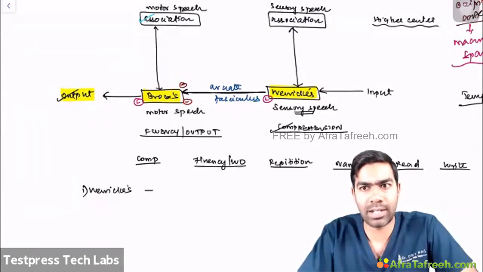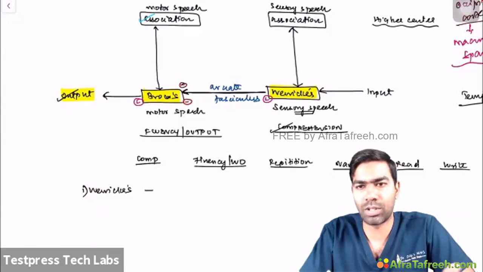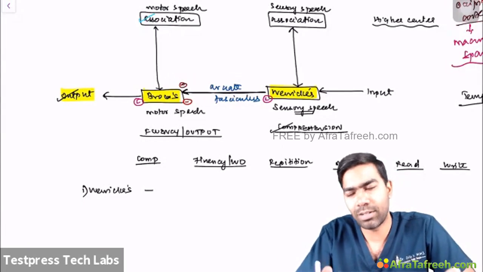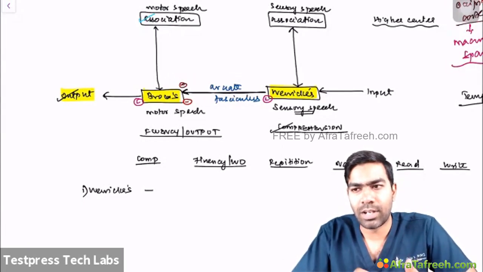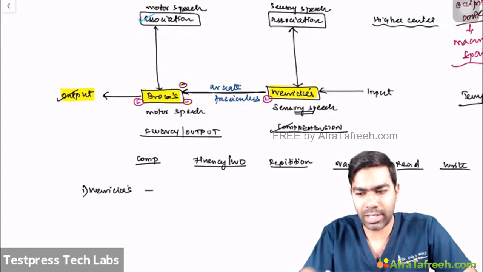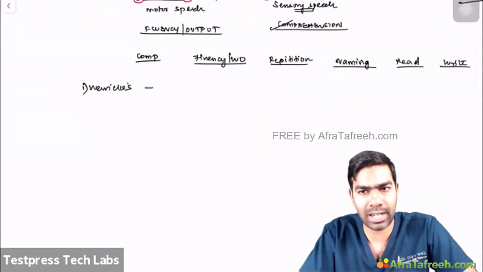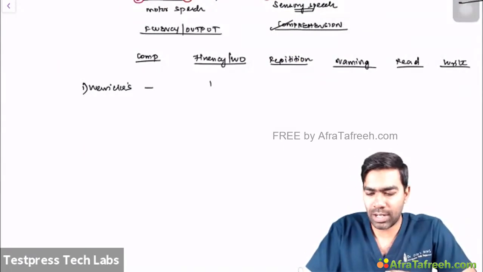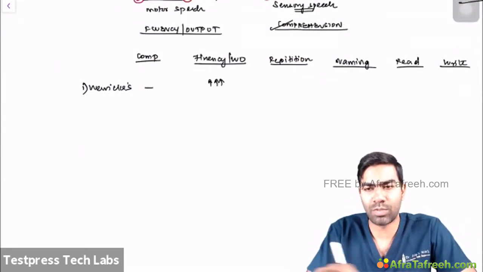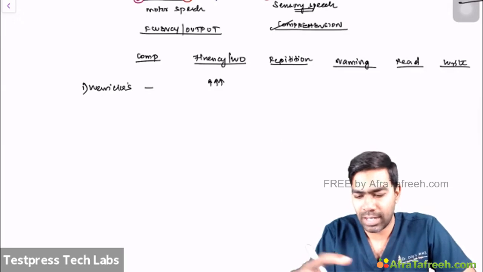You don't speak unless it is really needed, isn't it? So you don't keep blabbering all the time, even though some people will have a poor inhibition of Broca's. But most of the times, you don't really speak unnecessarily unless something is asked. So remember, Wernicke's is keeping the Broca's under inhibition. So once the Wernicke's area is gone, your Broca's area will be released and they will keep on speaking. So the fluency and word output will be increased.